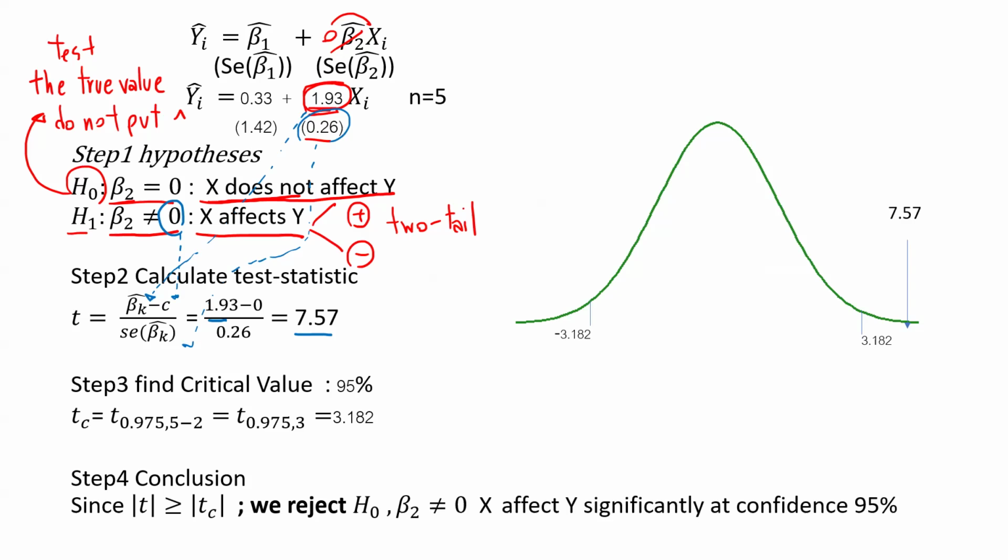Just keep it in mind first, because the third step, you have to find the critical value. 95% means 95% in the central, and then there is another 2.5% on each tail. So you have to look up 0.975, which came from 2.5 plus 95.